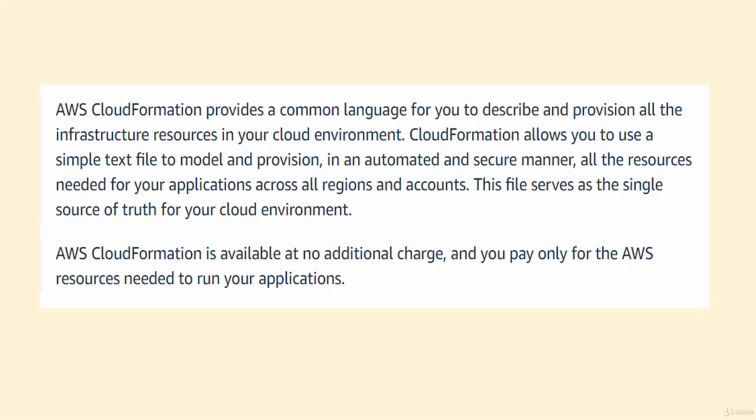All the resources for the applications that are required in different regions and accounts could be managed from CloudFormation. The file serves as a single source of truth for your cloud environment. It is similar to a configuration file or a manifest file that you define on your different resources. It is available at no additional cost, and you only pay for the resources you need to run your applications.